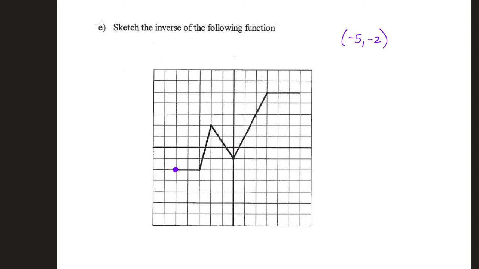And I know that when I take an inverse for something, that means that I interchange my coordinates. So my inverse would then have a point that would be at -2, -5. Okay, I think that might have solved the problem for anybody who is struggling through. I want you to pause it now and finish it off.